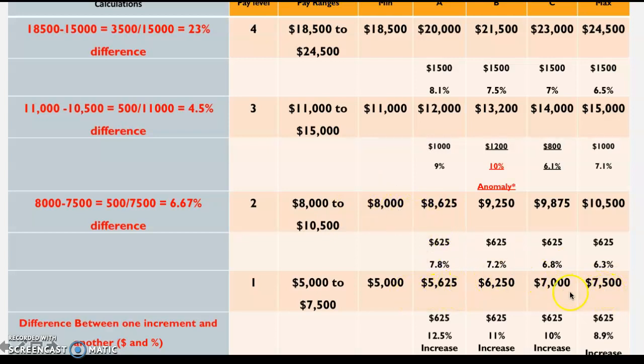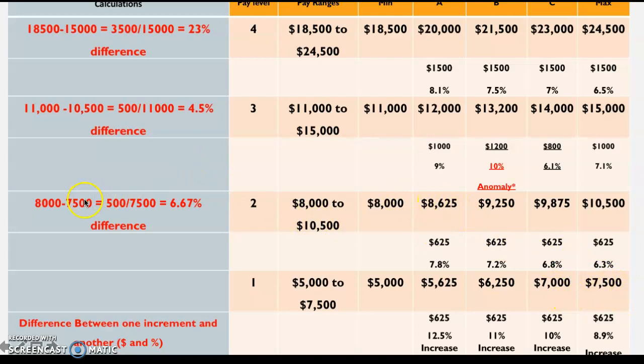If people have reached the max of level 1 and are promoted to another level, they're probably going to go here. They're not likely going to go here. Sometimes that happens, but that's not good practice. They're supposed to go to the base of level 2 or the level above, which is why we need to make sure that the difference between these two is significant.